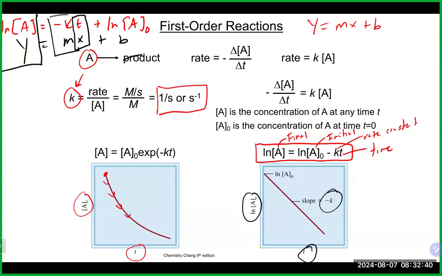The slope will equal minus k. So once again, the slope will equal minus the rate constant. That is because if you take the slope of this line, the slope will actually be a negative number. A negative number for the slope will turn your k value into a positive number when you pull it off.